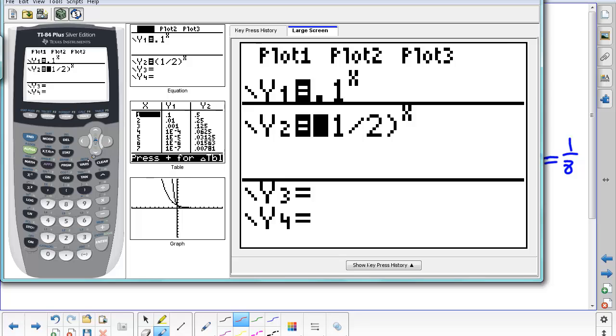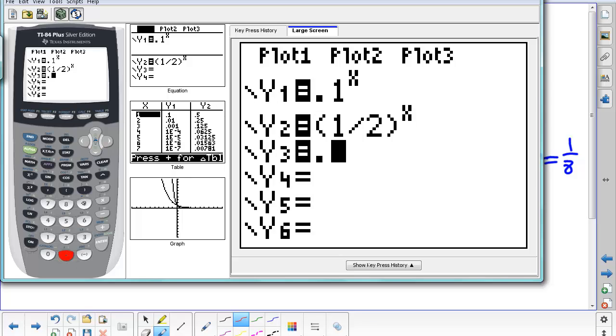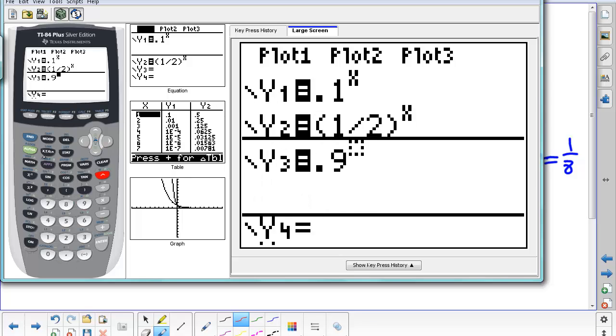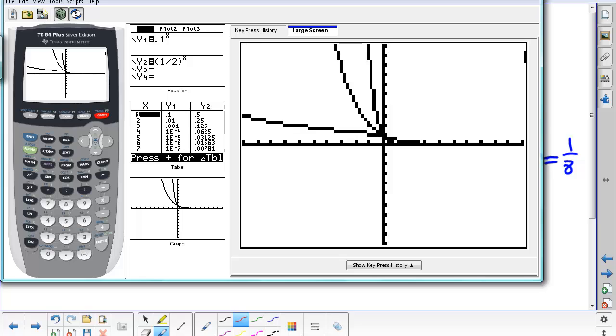If we were to do something like 0.9 to the x, something that's closer to 1. Again, 1 is kind of that breakover point for that graph. 0.9 to the x is really a lot flatter. See that? Kind of the way it decreases there.